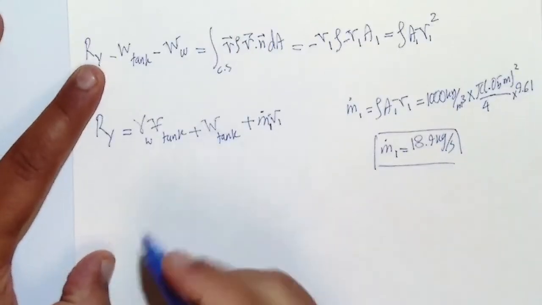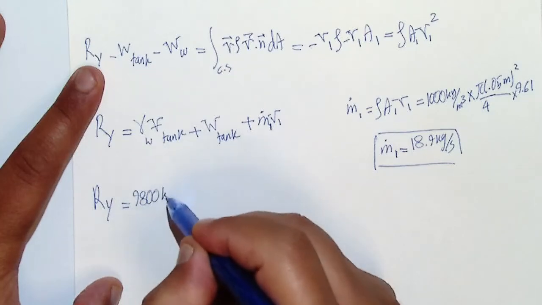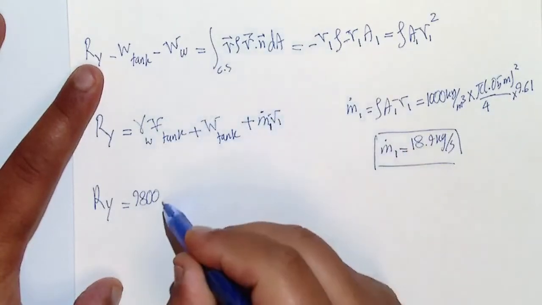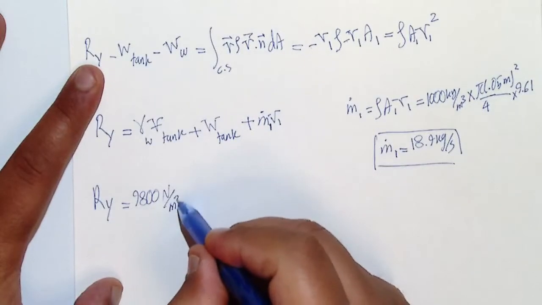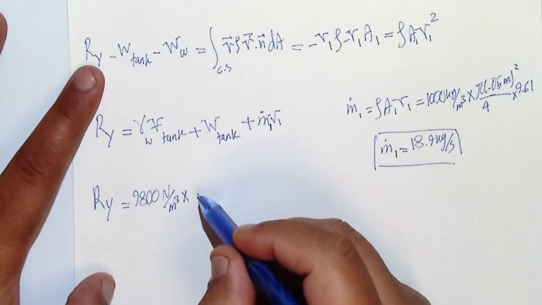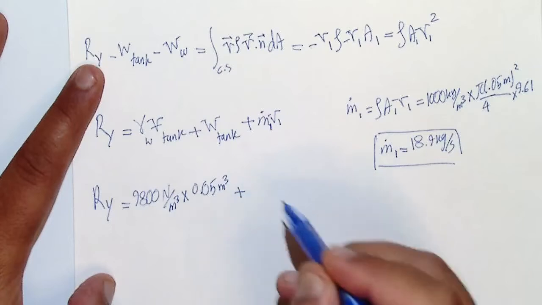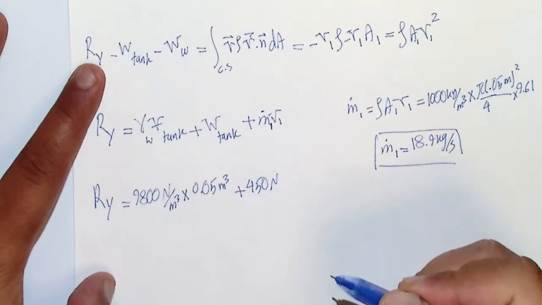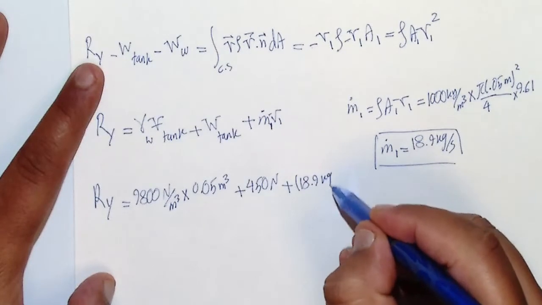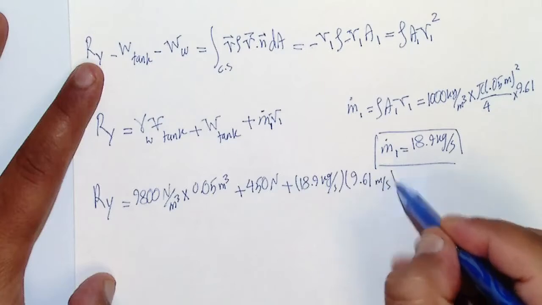And if you replace it here, Ry is going to be, gamma of water is 1000 kilogram per meter cubed, in newton per meter cube, times V of the tank, which is 50 liter, going to be 0.05 meter cubed, plus W of the tank, which is 450 newton, given, plus 18.9 for m dot 1 kilogram per second, times V1, which is 9.61 meter per second.